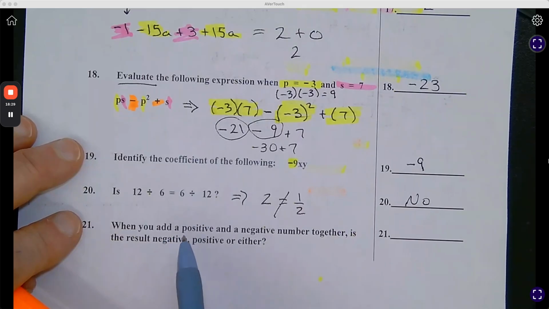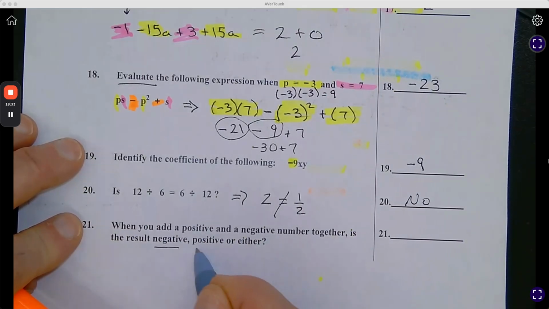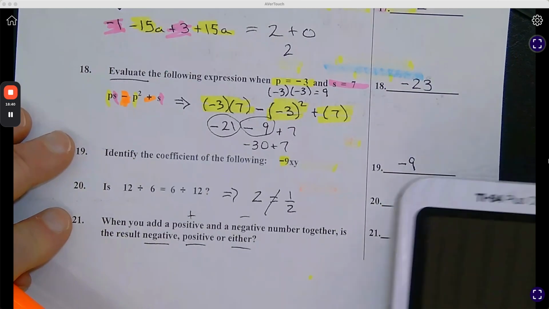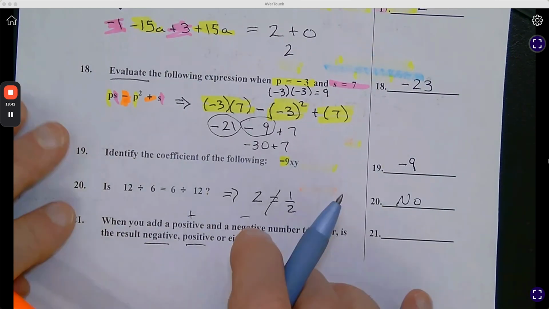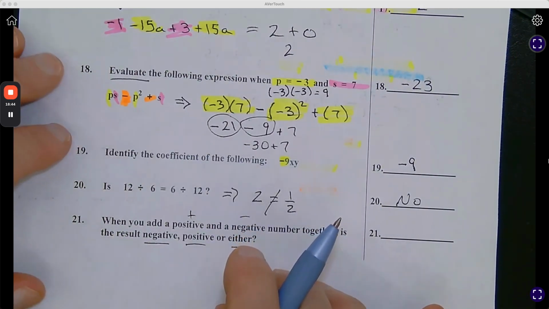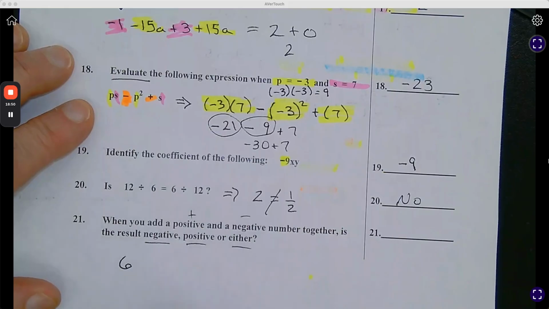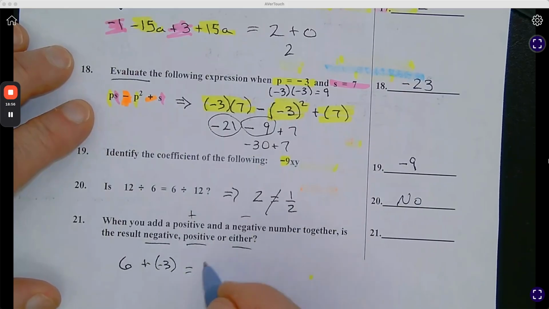When you add a positive and a negative number together, is the result negative, positive, or either? So you're adding a positive and a negative. Okay. I think I better write this out as an example, because I'm not sure what they're asking, but I believe they're saying, look, if you have a positive 6 and you're adding to that a negative 3, the result is positive, okay?